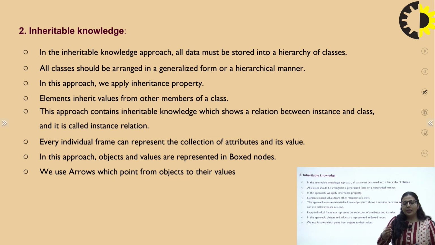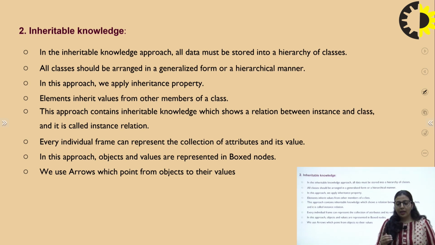How does the inheritance property work here? The elements, or we can say the objects, can inherit the value from the other members that are present in that hierarchy of the class. So, this approach contains inheritable knowledge which shows a relation between instances, and the relation is called the instance relation.